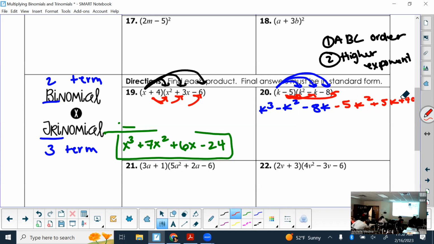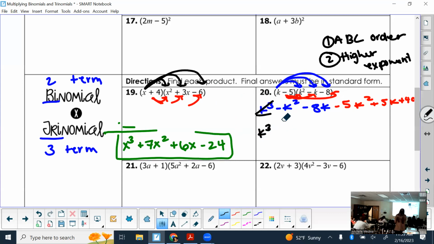All right, and then once you've done the distributing, usually after distributing, you have to combine like terms anyway. So now do that. Table 8, is there a like term for the k cubed? So then you just rewrite it. Table 2, and then I'm going to cross it out so I don't get confused.